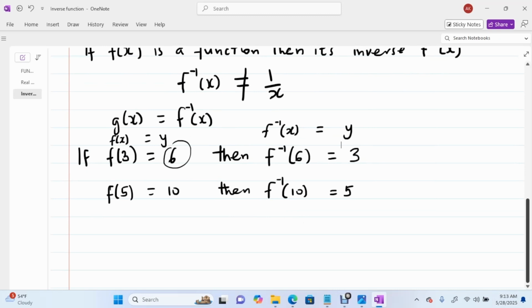Let me get a question. Before we solve the question, let's see how the solution is done. So, how to find the inverse of a function.